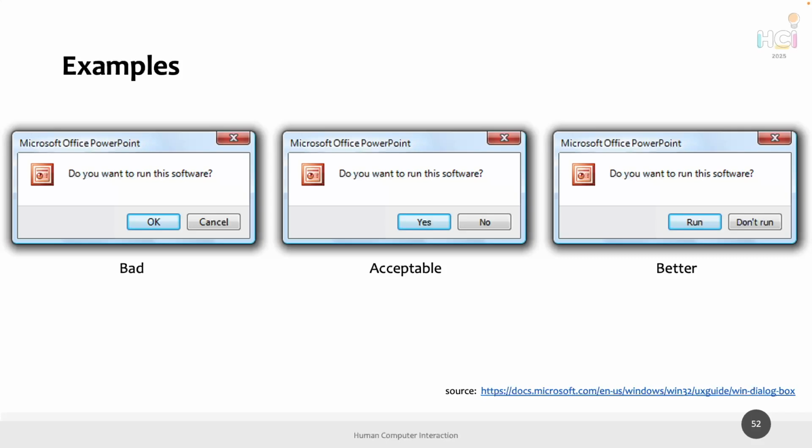Do you want to run this software? Cancel. No, okay? So it's better to use yes, no, right? It makes more sense. But it's even better to use buttons that include the meaning of the action, okay? So instead of yes or no, maybe it's better to use run and don't run. Why?